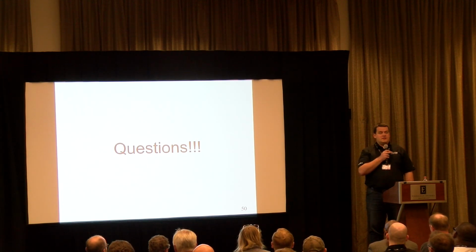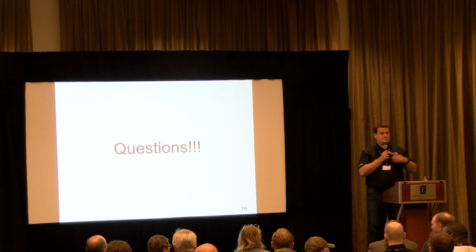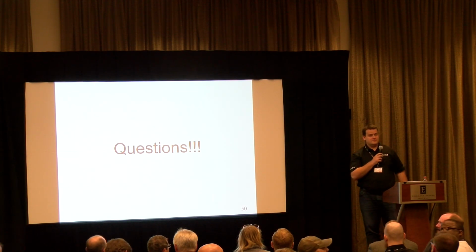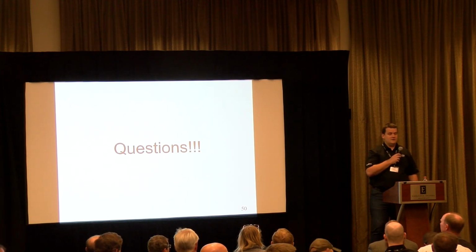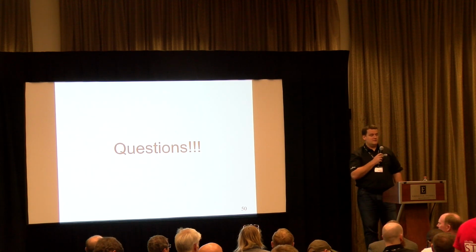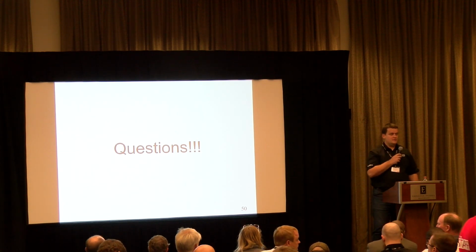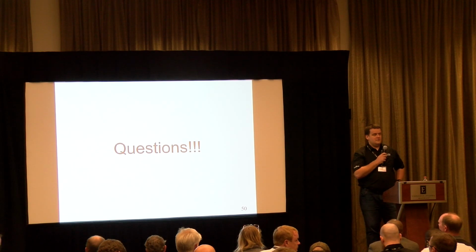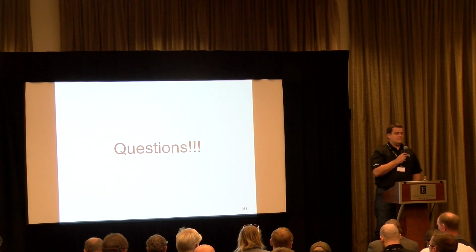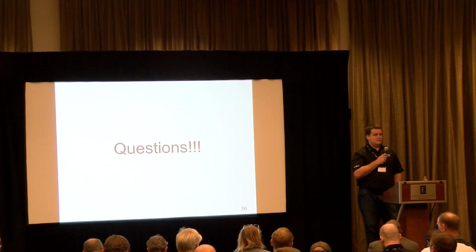Any more questions? Yes. You talked about VPNs between different sites. What's your opinion on not MikroTik to MikroTik, but maybe PC to MikroTik? What would you recommend nowadays for the best VPN?